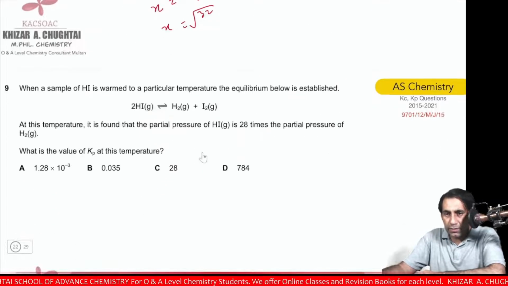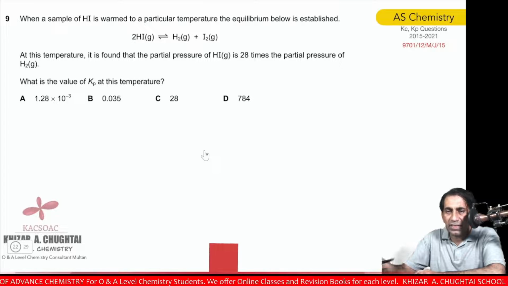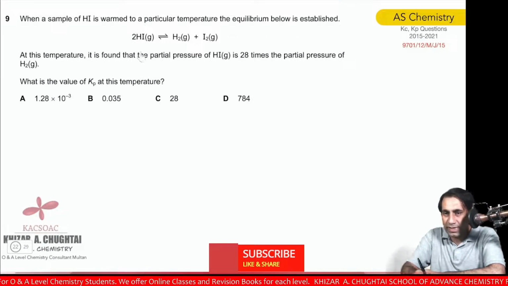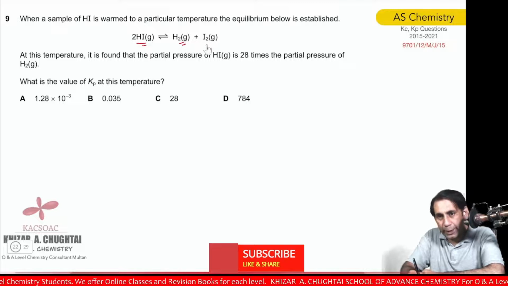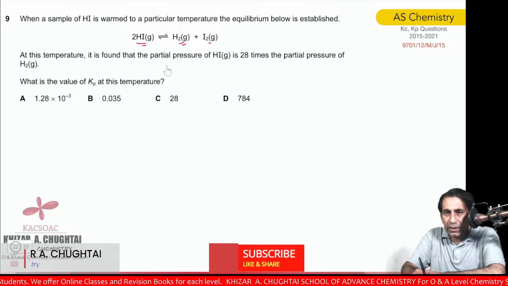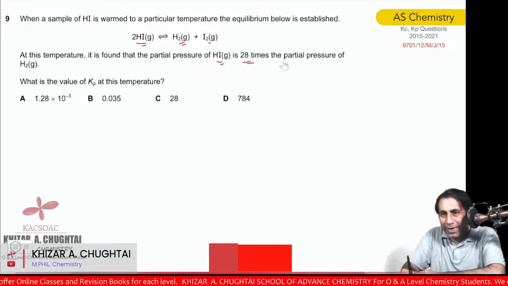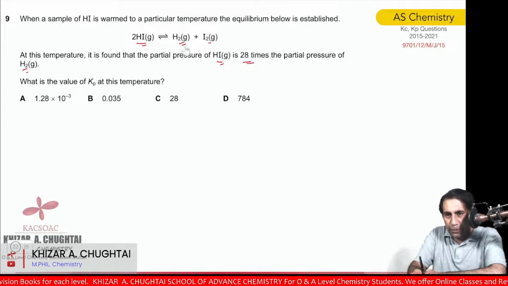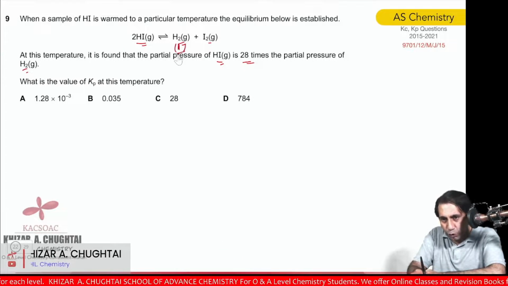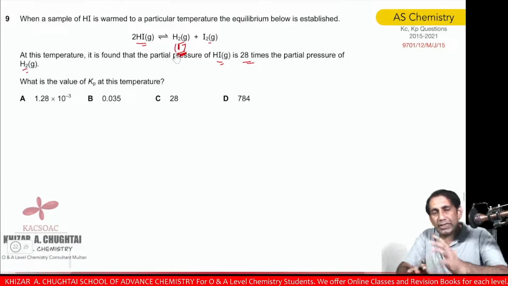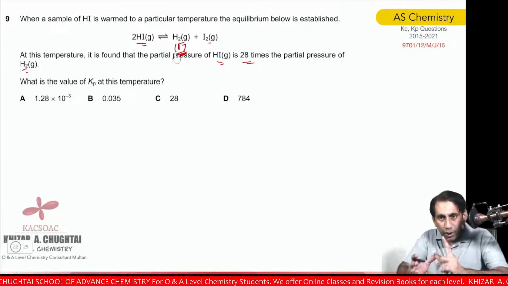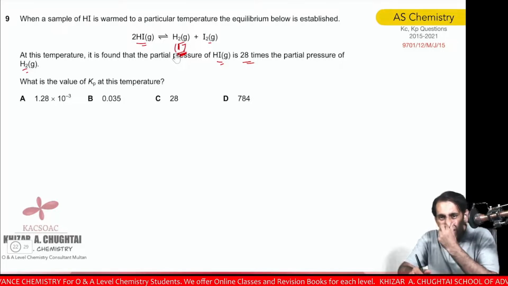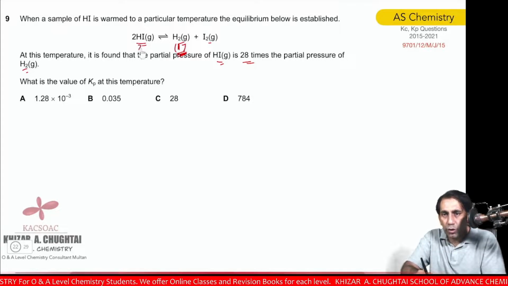The next one is, when a sample of HI is warmed at a particular temperature, the equilibrium below is established. 2HI goes to H2 plus I2. At this temperature, it is found that the partial pressure of HI is 28 times the partial pressure of H2. So we can suppose the partial pressure of H2 is equal to 1. At that time, the partial pressure of HI is equal to 28.